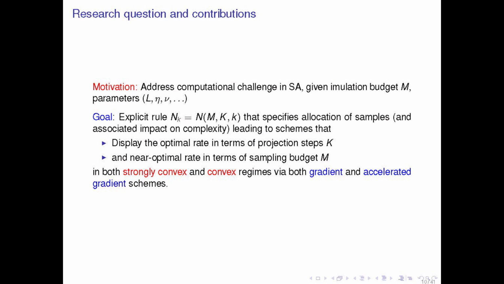So what I should note is that we've been able to come up with results in the strongly convex and convex regimes where we increase the sample size either at geometric rates or at linear rates, or in some cases polynomial rates, but we consider both gradient schemes and what are truly Nesterov accelerated schemes. So up till now, when they talk about acceleration in stochastic approximation, they just use an extrapolation step, but the rate doesn't change.